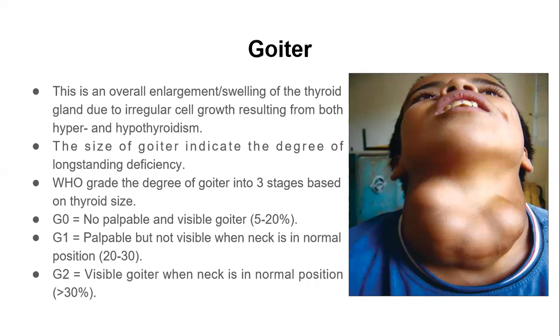So when you have too much thyroid stimulating hormone, and the individual is not taking food containing iodine, the pituitary gland will keep on releasing thyroid stimulating hormone, and this can lead to enlargement of the thyroid gland, leading to the goiter.